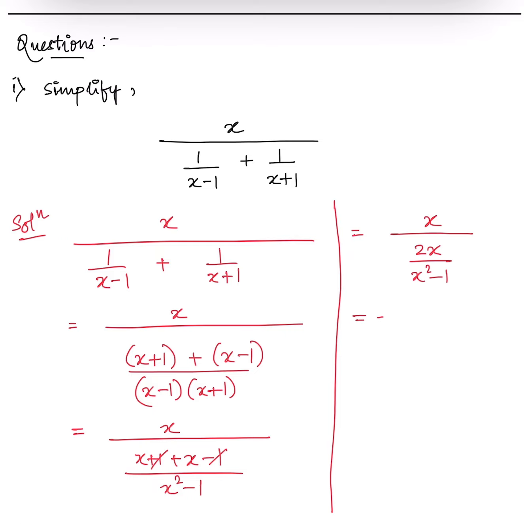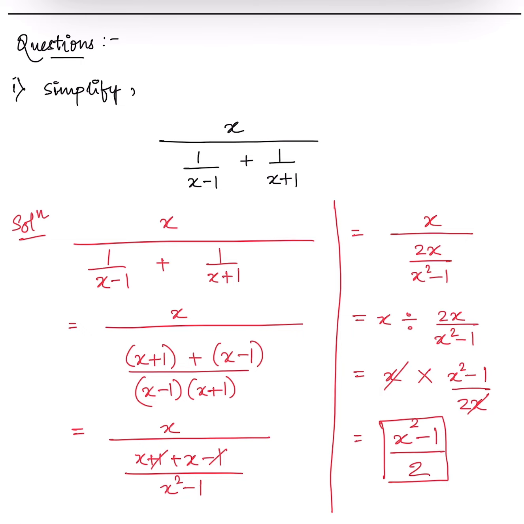Now this is essentially x divided by 2x by x squared minus 1. So this is x into x squared minus 1 by 2x. Now x and x can get cancelled. This will give us x squared minus 1 by 2. So this is the simplest expression for this particular algebra.